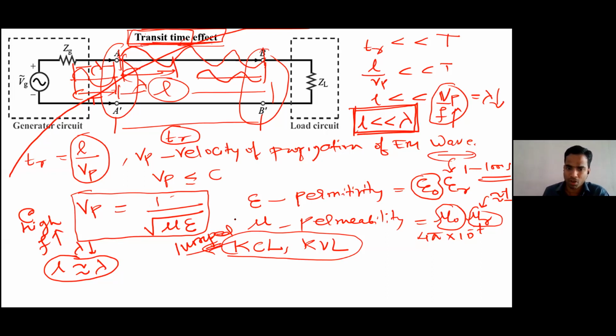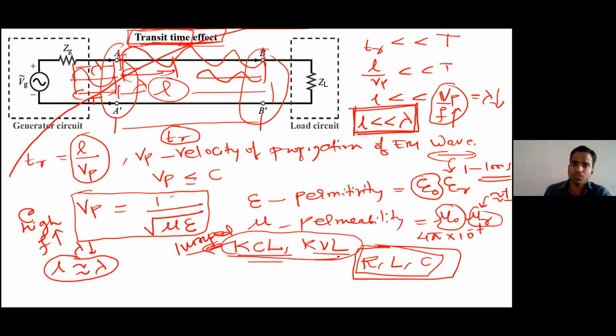Lumped elements means your R, your L, your C, your transformer and all, like the physical resistor, the physical inductor, the physical capacitor. Till now, what you have designed in your breadboard, in your PCB, those components R, L, and C. So if the components are lumped, then only you can apply KCL KVL.